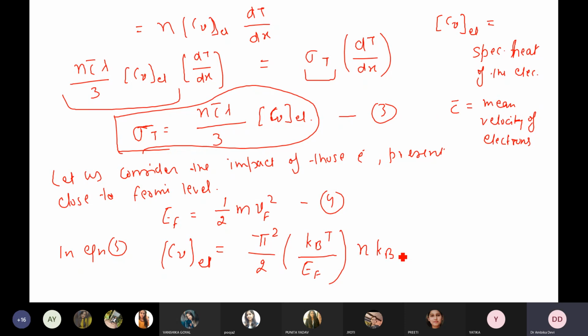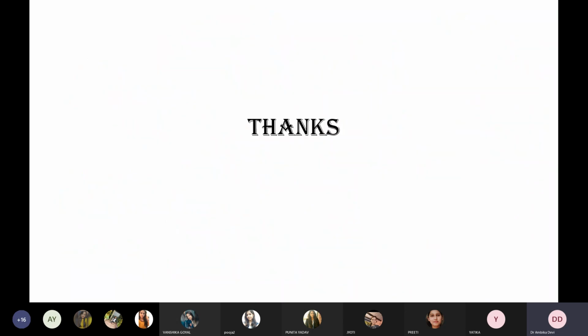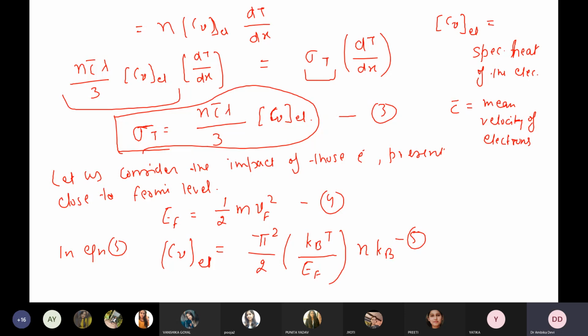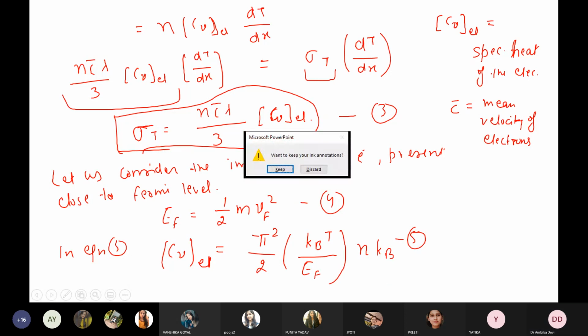So if we put this value of Cv from equation number 5 in equation number 3, the equation will be modified.